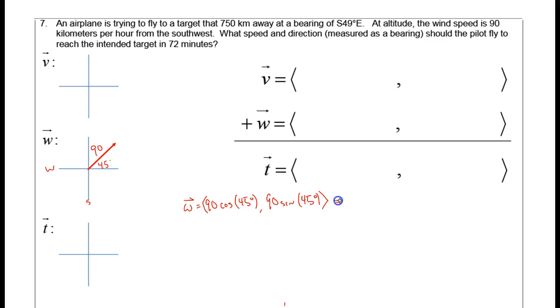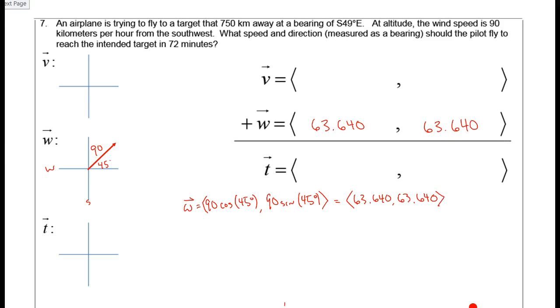And that gives us a component form of 63.640, comma, 63.640. And those are in kilometers per hour. So our wind vector is 63.640 in both directions, kilometers per hour.